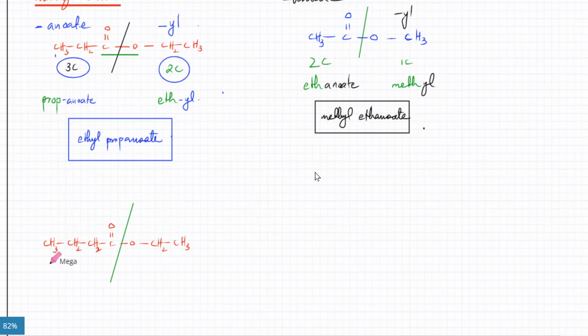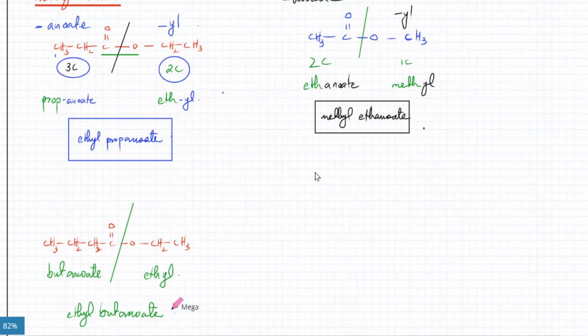This one is but and oate, right? और वो part आप बाद में नेम करोगे क्योंकि that's 2 carbon atoms, so that's eth. And it's going to be alkyl, so it's ethyl. लेकिन जब लिखोगे ना तो it's going to be ethyl butanoate. So that's ethyl butanoate.